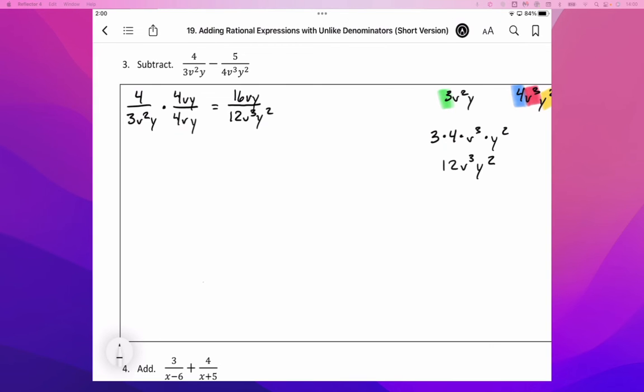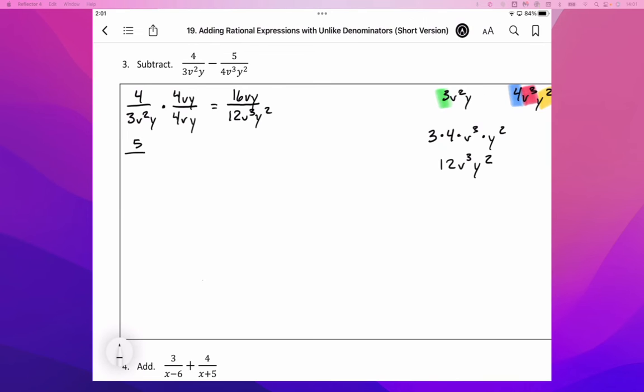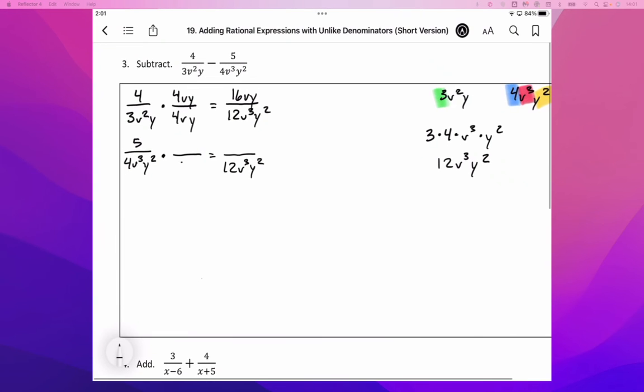Okay. And so our second fraction, we have 5 over 4v to the power of 3 y squared times something is going to make a denominator of 12v to the power of 3 y squared. And if we look at this, that something is going to be just a 3.